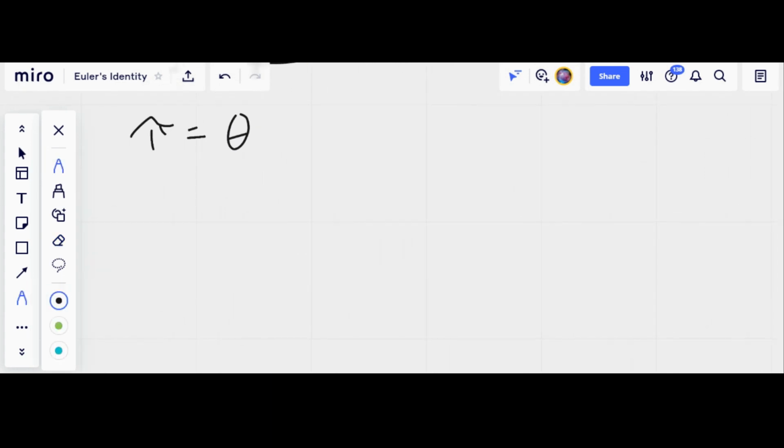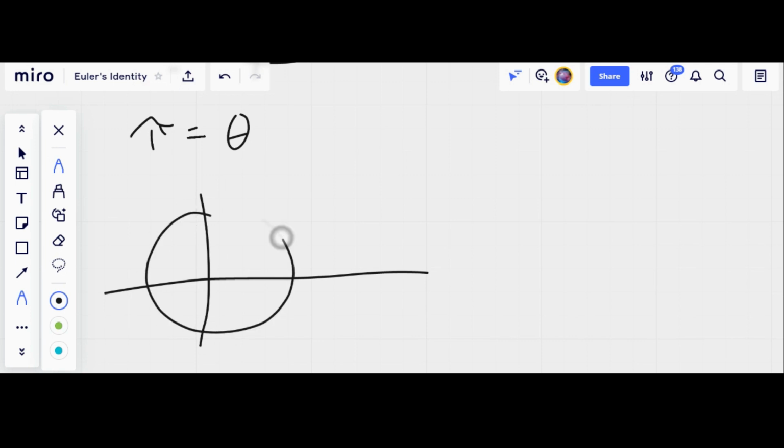We're going to draw out the complex plane one last time so that you see geometrically where this expression comes from. This is the unit circle in the complex plane, and θ equal to π is essentially a 180-degree rotation from this point here. And where is this point? This point is -1, and that is why e^(iπ) is equal to -1.